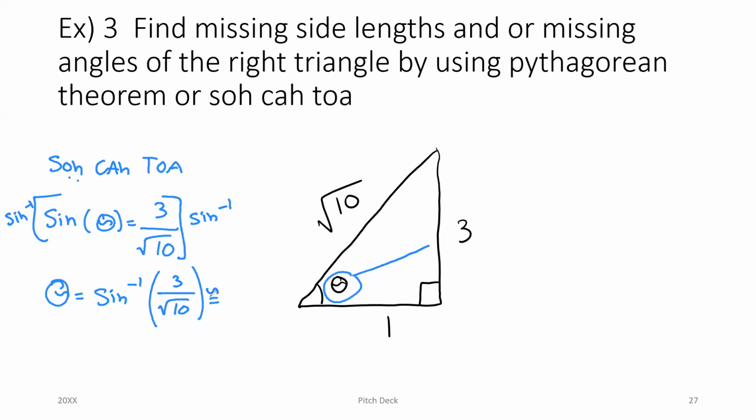And that gives you 71.565 degrees. Let's just round to 1 decimal, so it would be 71.6 degrees. Okay, so that is your unknown angle, 71.6 degrees.